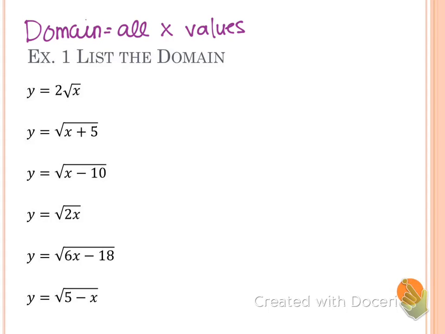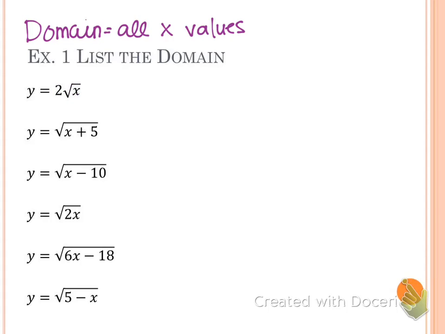So what I need to do is ask myself, underneath the radical, how do I make it a 0? What does x have to equal in order for it to be a 0? Anytime that x is the only thing underneath the radical, like in this problem right here, x is the only thing underneath the radical. It does not matter that there's a 2 here.